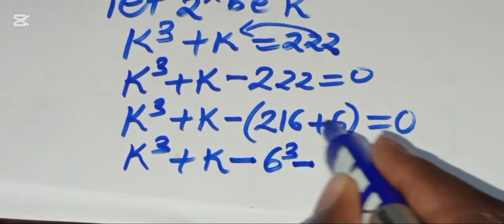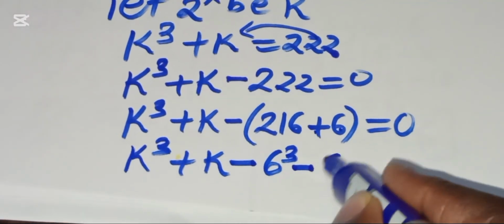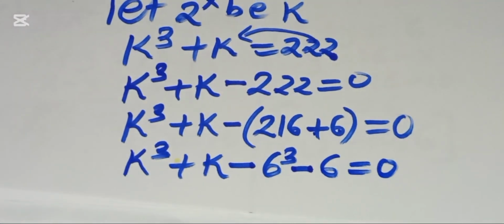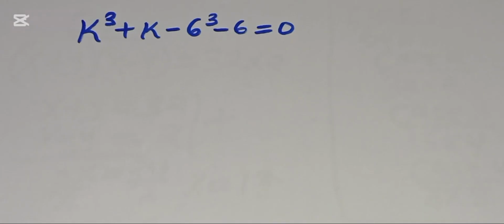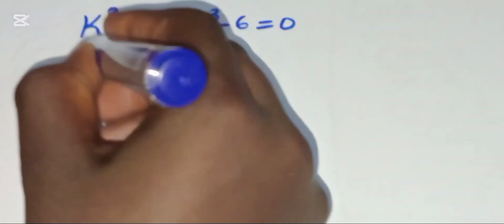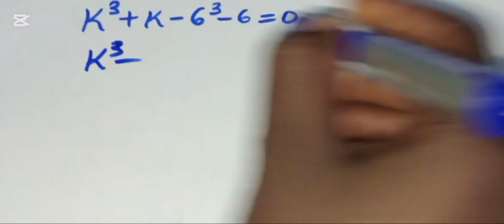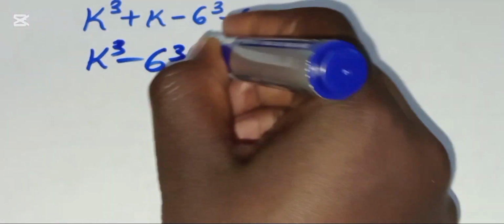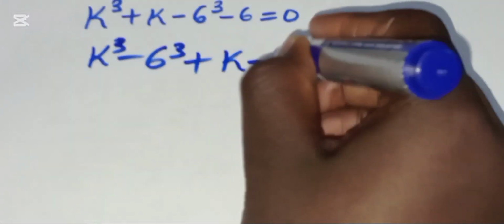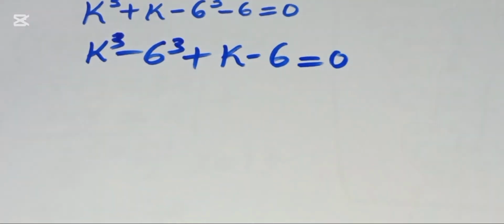Subtract this negative times positive 6. This is negative 6, which is equal to 0. Okay, so let's proceed. Now let's combine k cubed with 6 raised to power 3 plus k subtract 6. This is equal to 0.